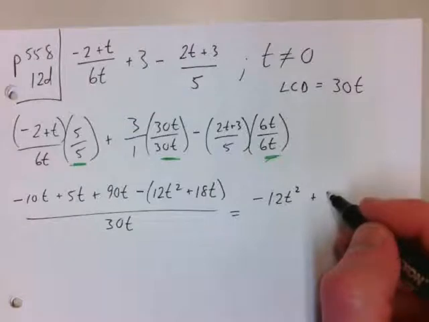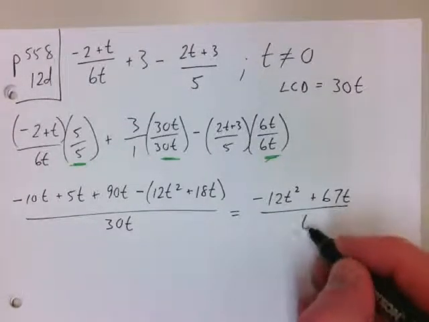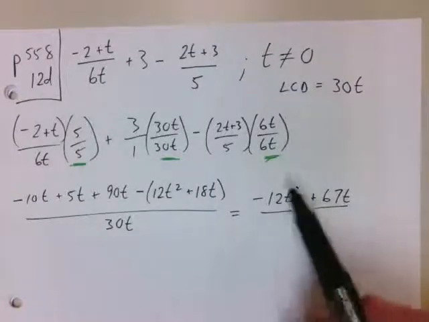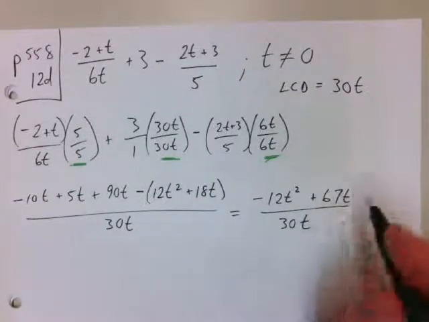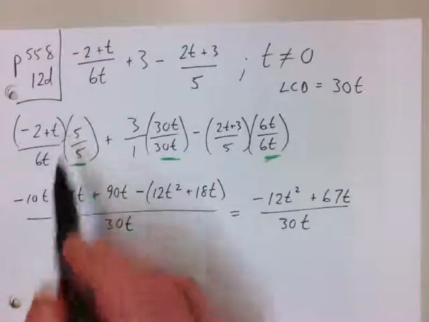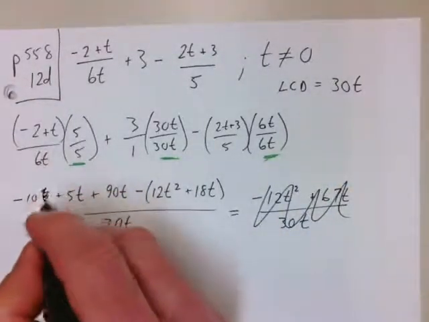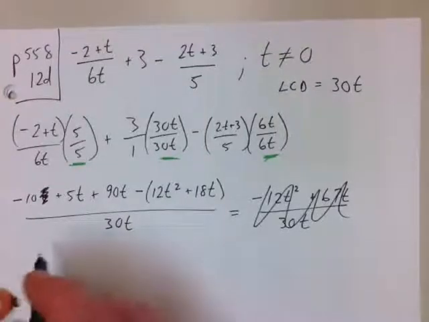That is ugly. So, oops, 30. Now, here we can do a little bit of canceling because we have a t in all of these. Just looking through it again to make sure. Oh, this is negative 10. Nope. Negative 10. It's not a t. It's just negative 10.